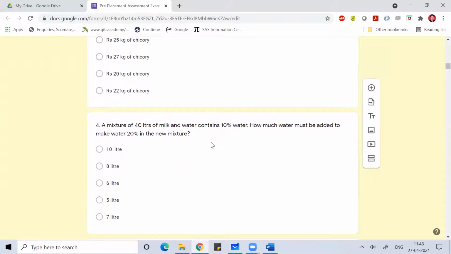Question number 4, again a very easy problem. A mixture of 40 liter of milk and water contains 10% water.